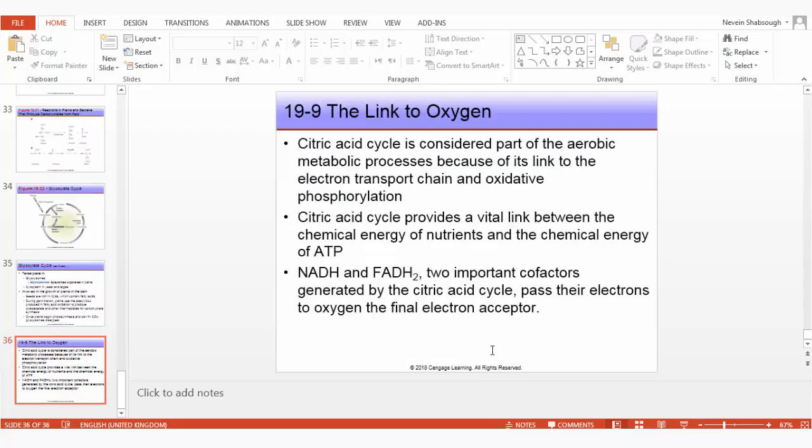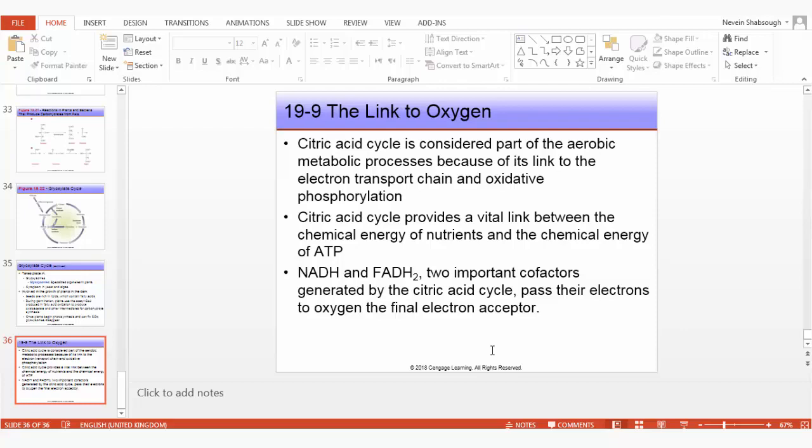Now finally, what is the link to oxygen? Now the citric acid cycle is considered part of aerobic metabolism, but we have not yet encountered any reaction in this chapter in which oxygen takes part. So the reactions of the cycle are ultimately related to those of electron transport and oxidative phosphorylation, which do eventually lead to oxygen.